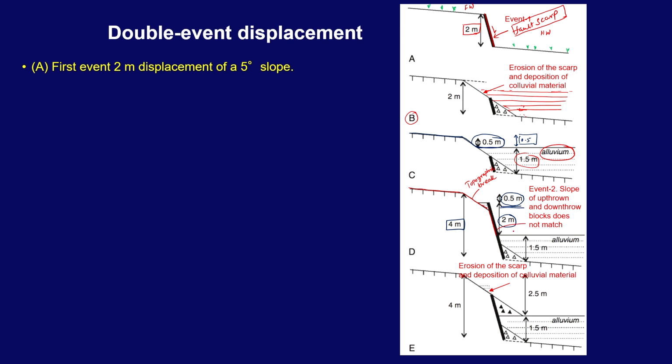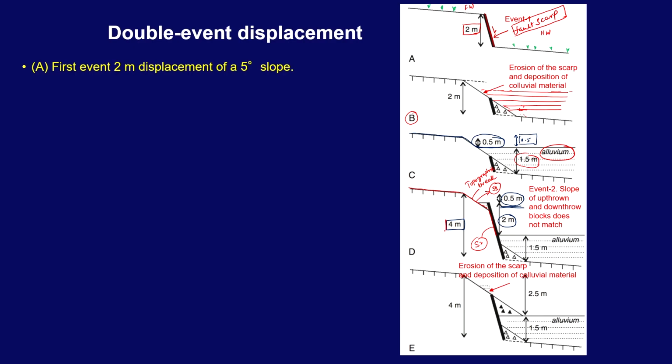If we say this is, for example, your slope 1, and this is your slope 2, there is a difference in angle. That also can be taken into consideration to say that there were 2 events. And this topographic break and change in the slope that you see on the fault scarp is related to the 2 events and not a single event.